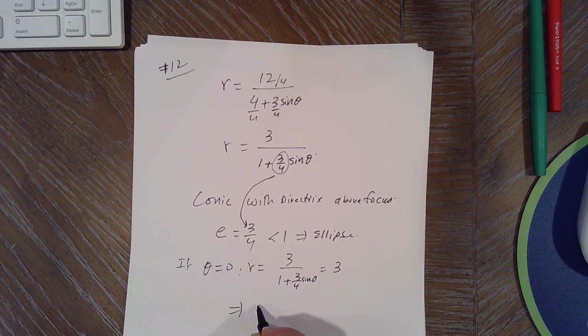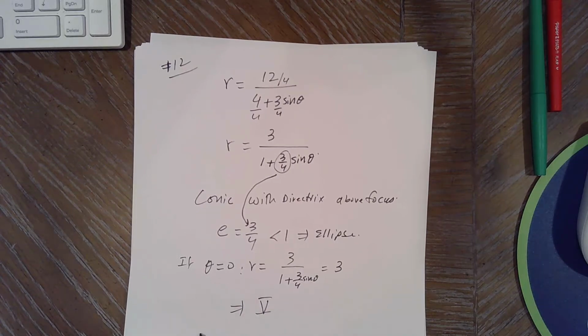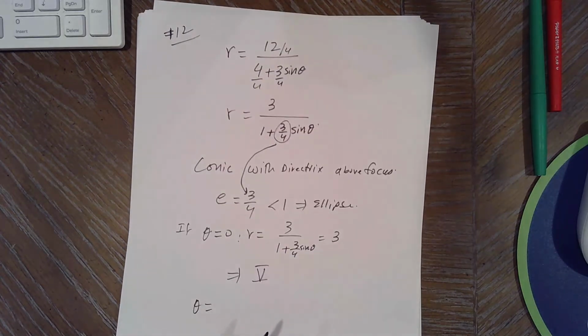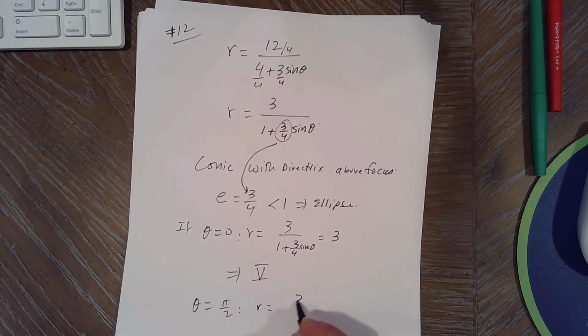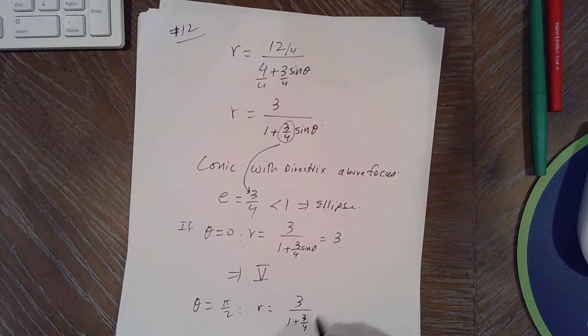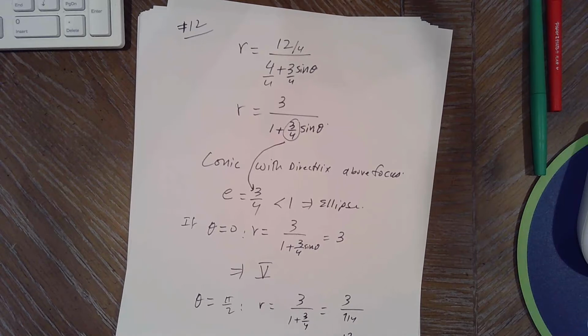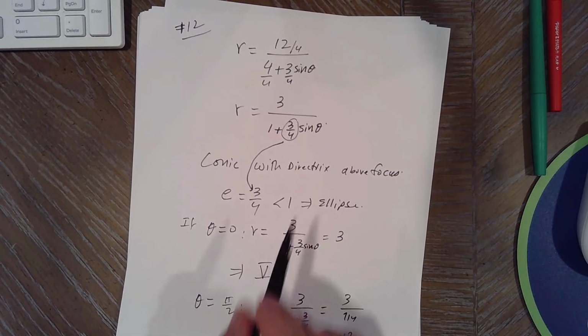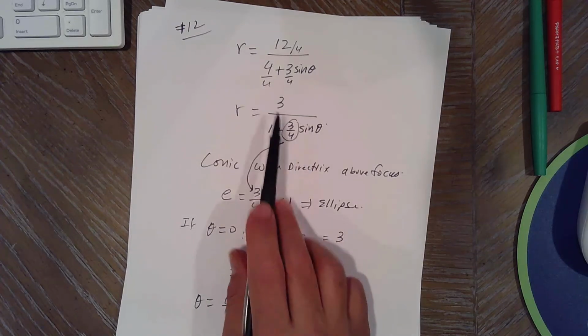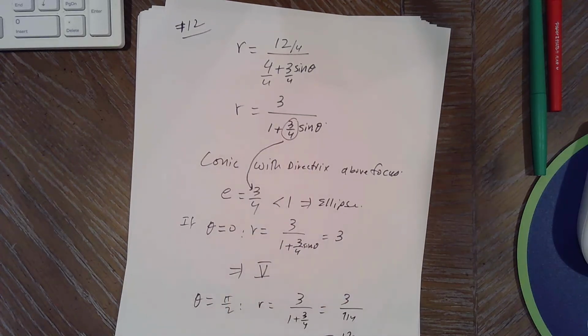So it would be number 5. If you still don't see it, try theta equals pi over 2. r would be 3 over 1 plus 3/4, which is 3 over 7/4, 12 over 7. Okay, if you try theta equals pi, that's 3, which looks more reasonable.